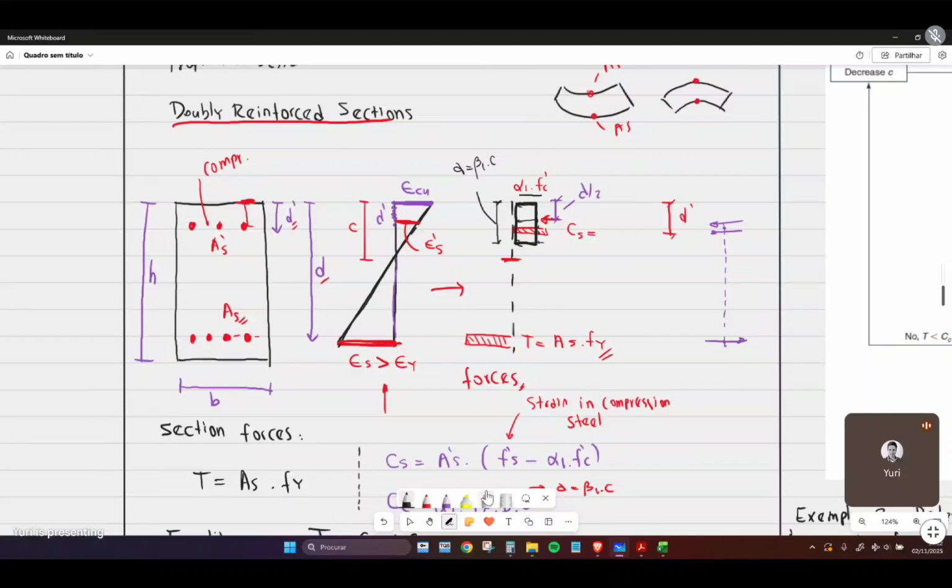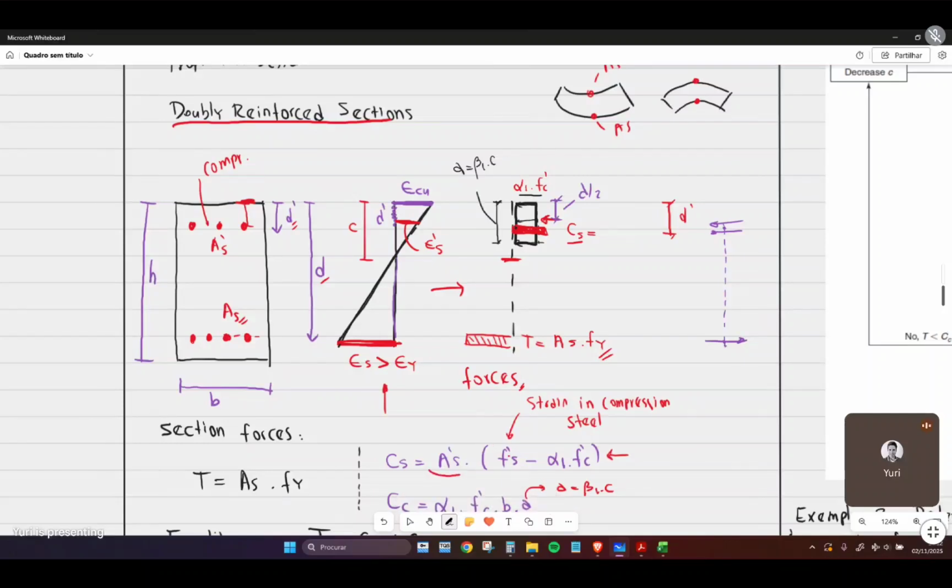And we also have the last component, which is going to be the compressive reinforcement. This force we call Cs, and Cs is going to be defined by this equation here.